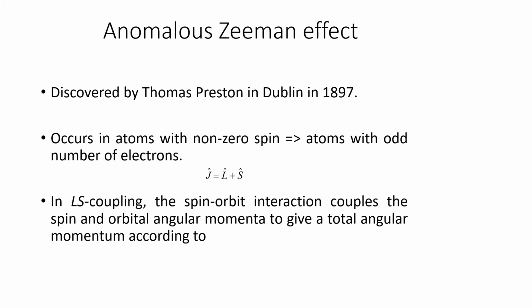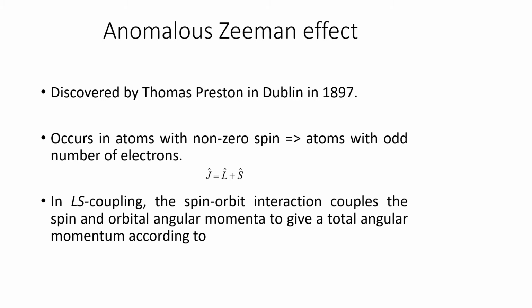So this type of splitting can be observed with atoms with an odd number of electrons, where we know J is equal to L plus S. L is the orbital quantum number, S is the spin quantum number, and all the observations cannot be explained with only L or S. So we need the total quantum number J.